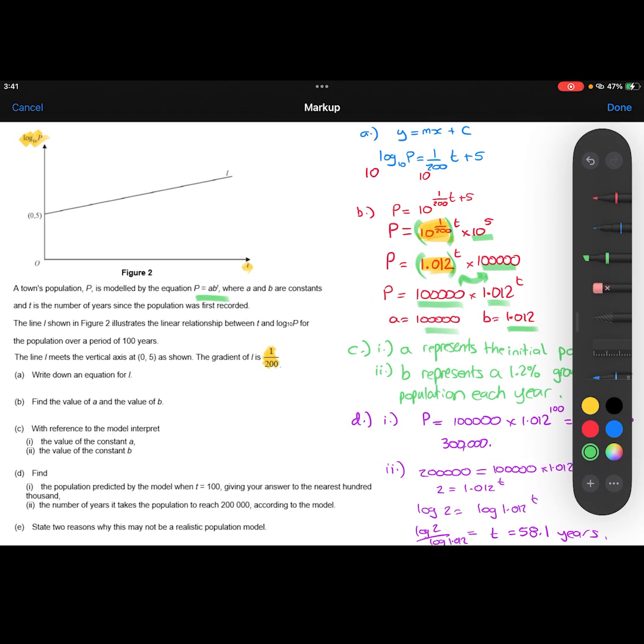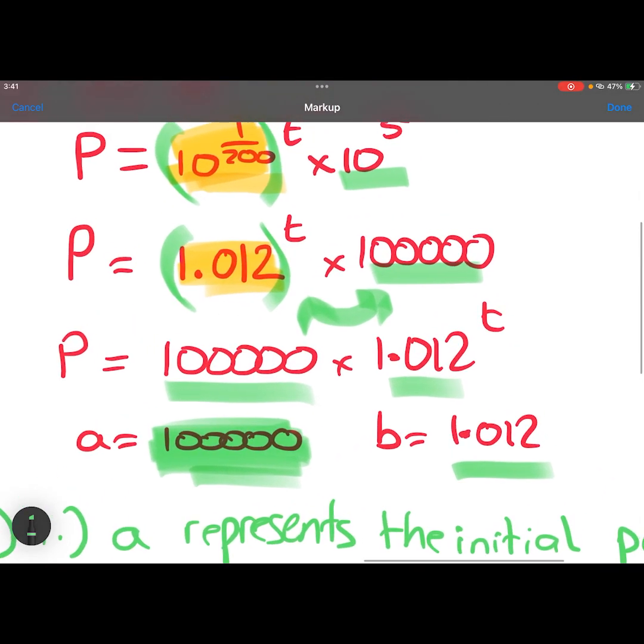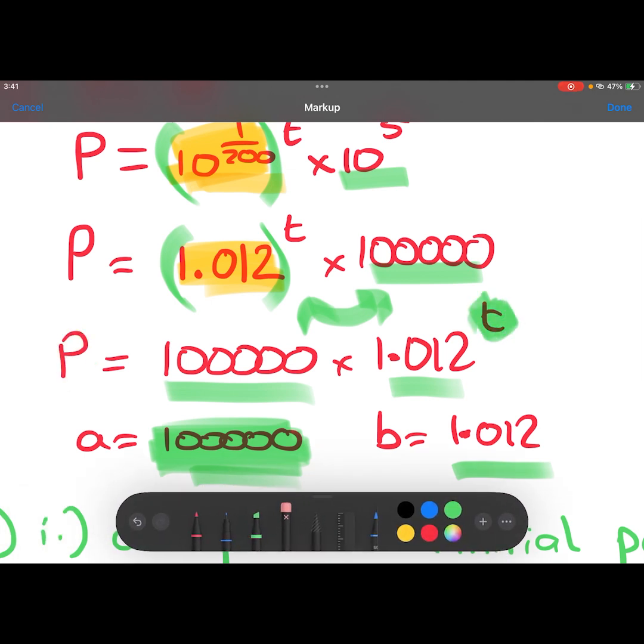Part C says, with reference to the model, interpret the value of the constant a and the constant b. Well, this a, the 100,000, that's the value of the population. So that's going to be what p is if the t was 0. Let me just repeat that.